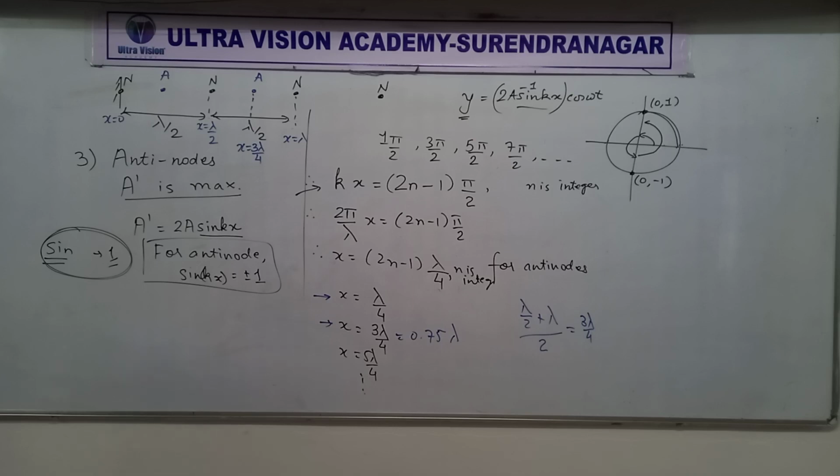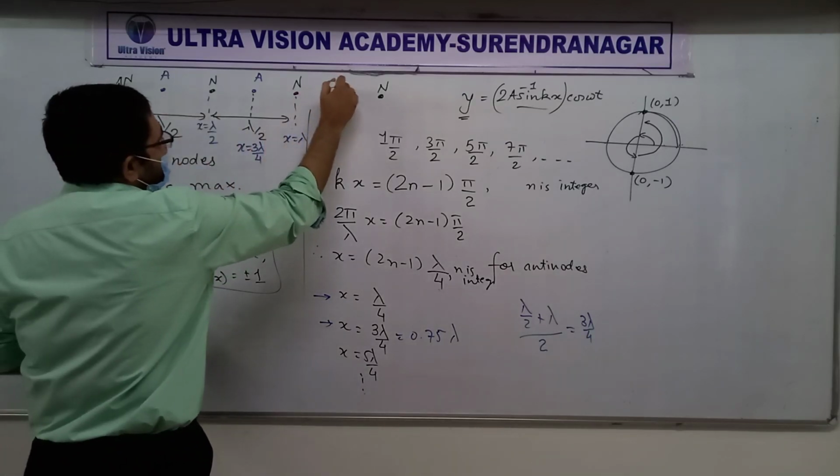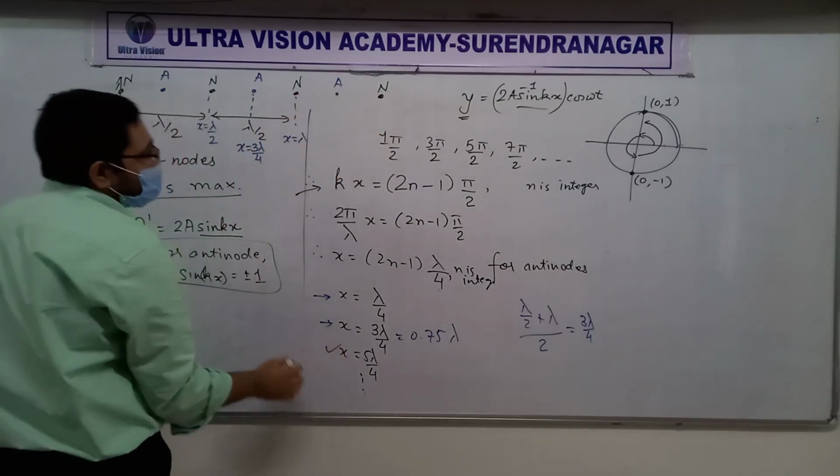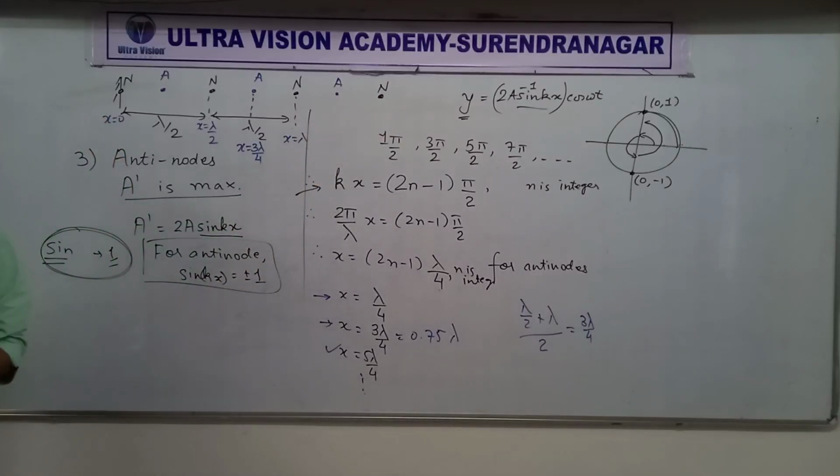Understood or not understood? This will continue, of course, as many as there are. So this will be the third one and so on and so forth. Understood the location of nodes and antinodes?